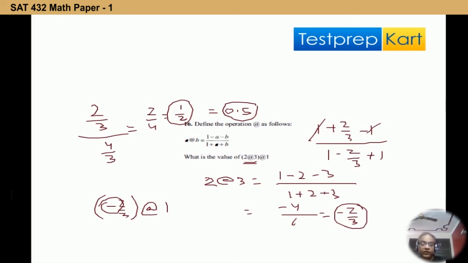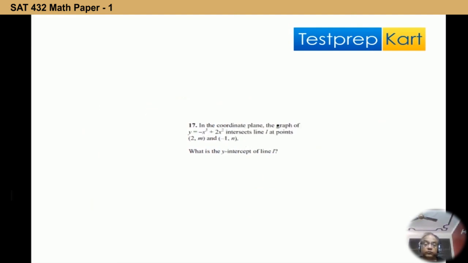Now I have to take negative 2 by 3 operation with 1, that gives me, again using the same operation, 1 plus 2 by 3 minus 1 divided by 1 minus 2 by 3 plus 1, and by solving it, it will be 0.5 or 1 by 2.